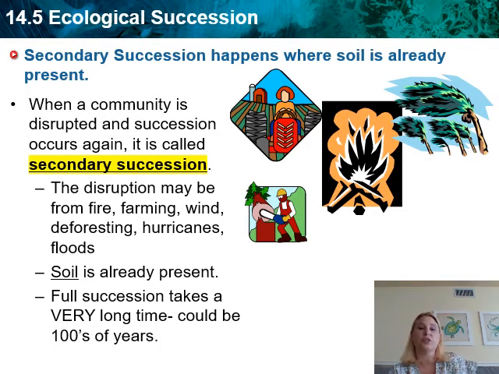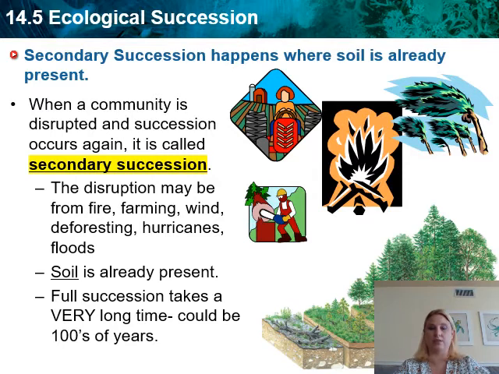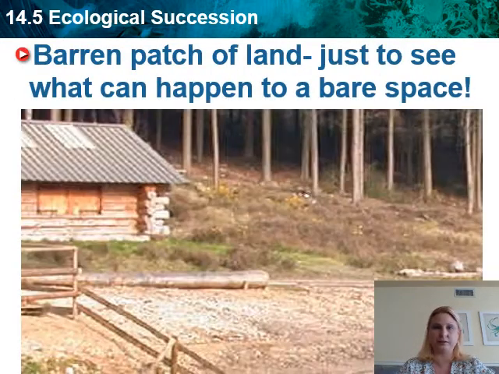Full succession can take a very long time, hundreds of years, not thousands like primary succession. The most important takeaway is that soil is already present, so it doesn't have to build the soil. We don't need pioneer species coming in to start the soil making process. Something catastrophic happened and the organisms need to resettle that area.